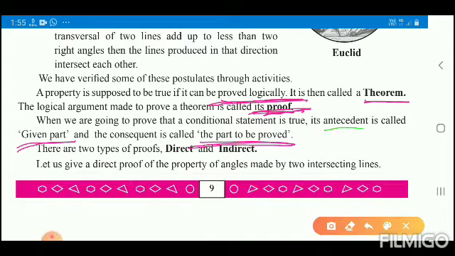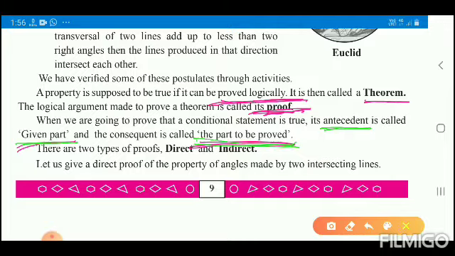Antecedent means the part following if, or the statement following if. This statement is known as the antecedent, so that is our given part of the theorem. The statement following then is called the consequent, so that part in the proof we write as to be proved.